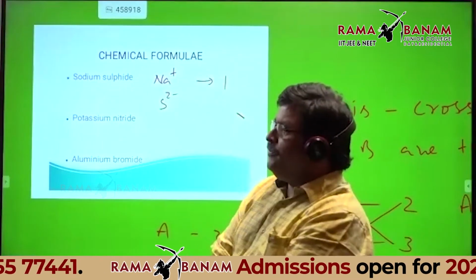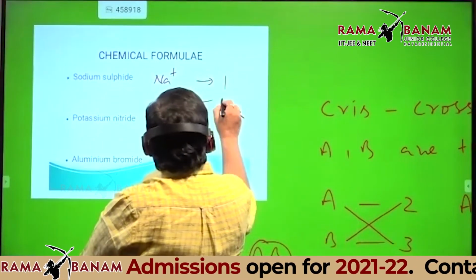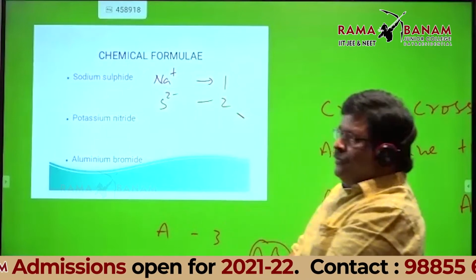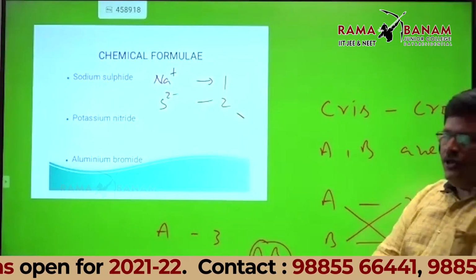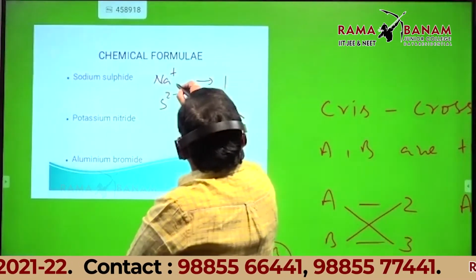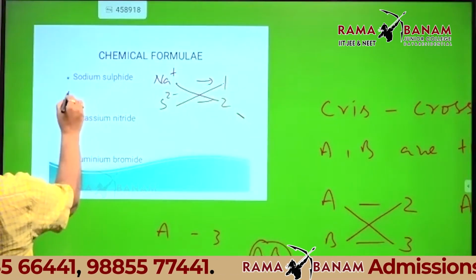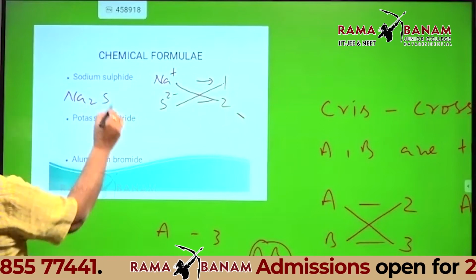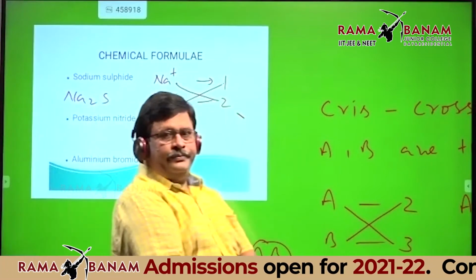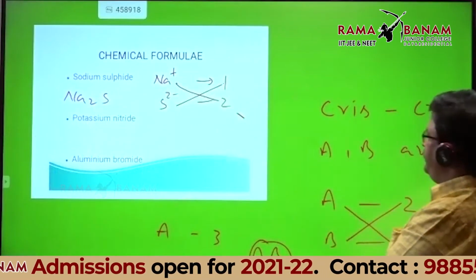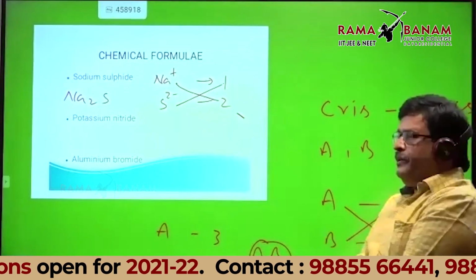Excellent, Aishwarya. Then its valency is 2. Then how to write the chemical formula by using the crisscross method? This is Na2S. That is the formula of sodium sulfide. Any doubt, student? No, sir.